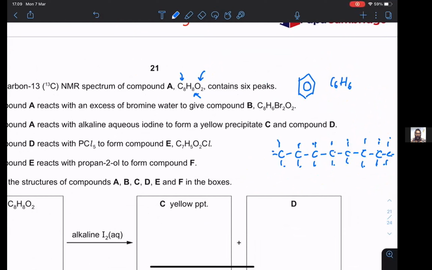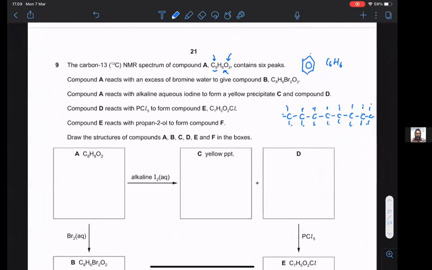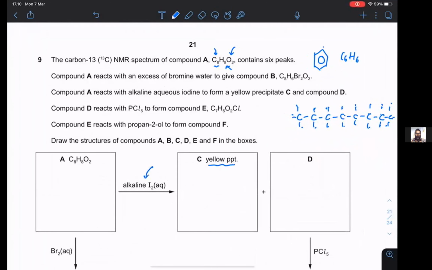Normally when something is added over there, we have the C6, and we know that 2 carbon atoms are being added. Another indication that I have is a yellow precipitate when you test with alkaline I2. When you have a yellow precipitate with alkaline I2, that compound is going to be CHI3. This one no need to worry so much.